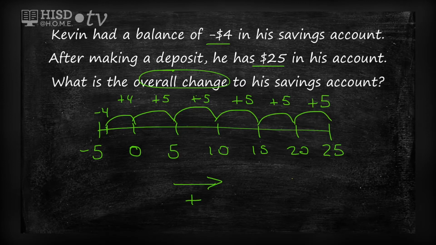So if I add all of these numbers, that means that he made a change of positive $29, and that is the answer for this problem.